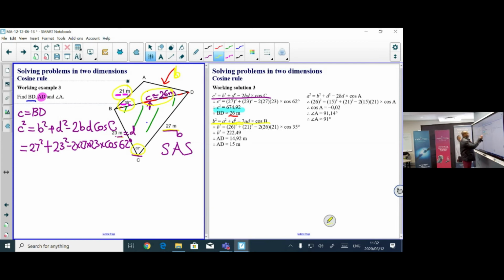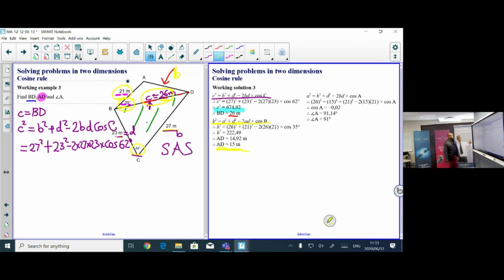You simply say small b equals a squared plus d squared minus 2ad times cos b. Then it's a matter of substituting these two sides and the angle on your right-hand side. So eventually you get your AD as 15 meters.